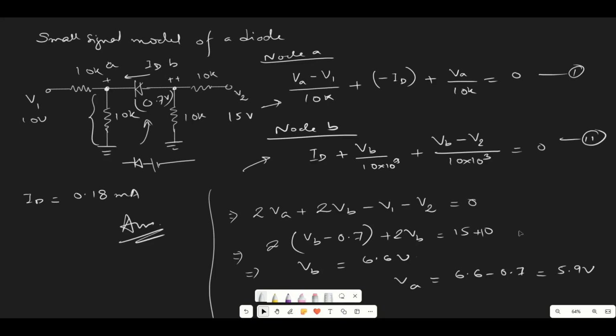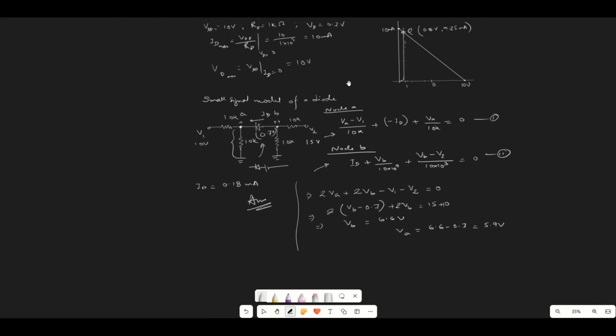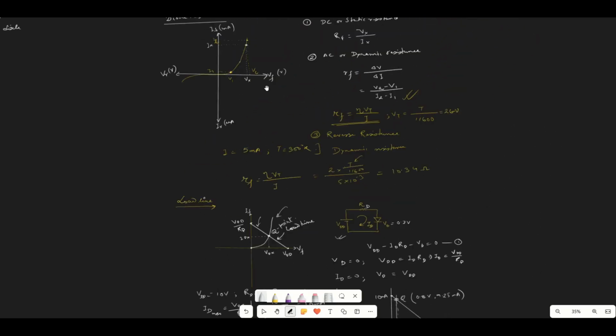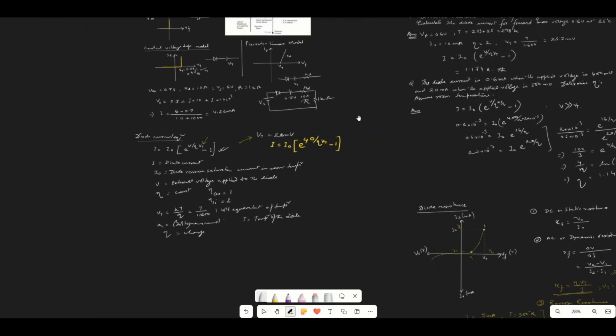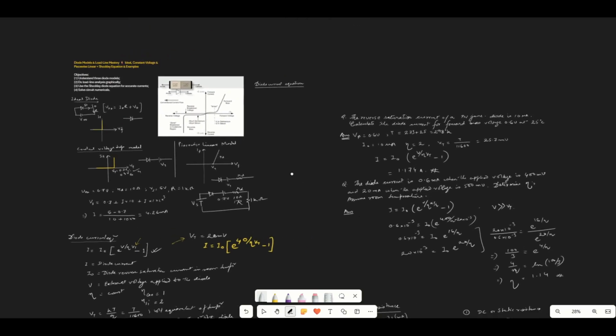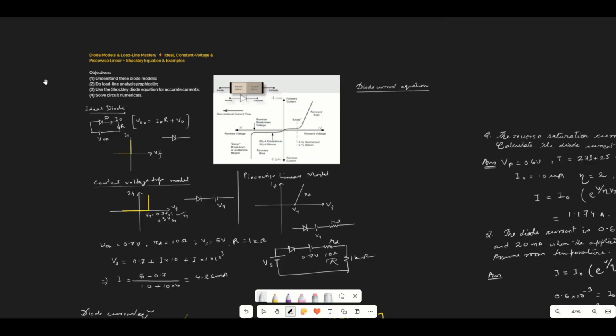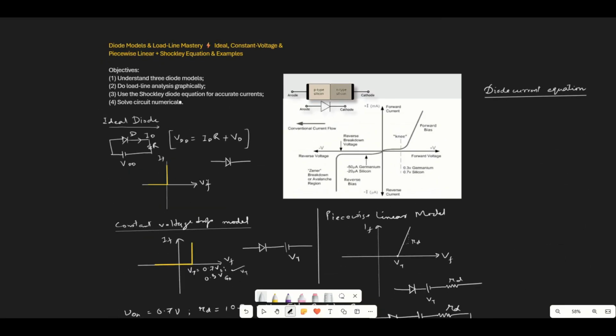So I hope you have understood all the points that we have discussed today. In our discussion, first we have considered the diode models. So we have considered all the three diode models: ideal diode, constant voltage drop model, and piecewise linear model. Then we have seen what is a DC load line, the analysis, and the numericals also we have gone through.